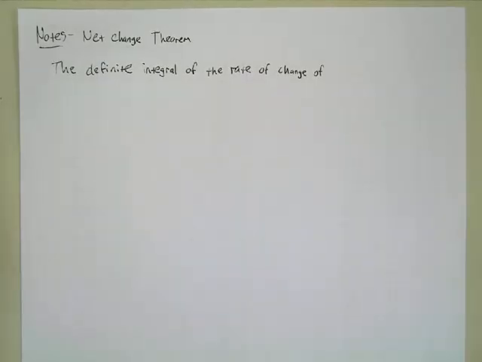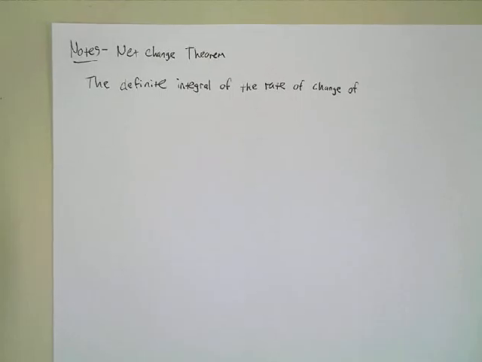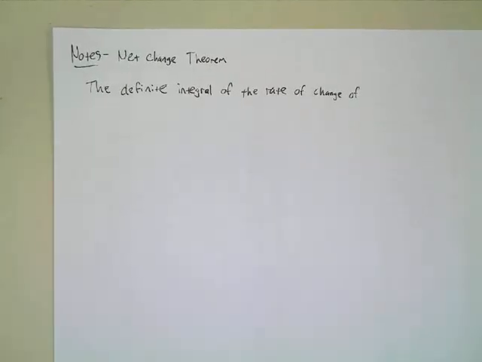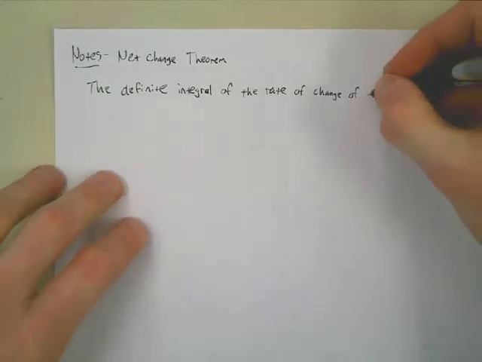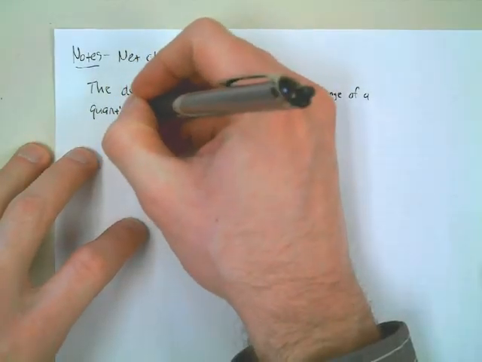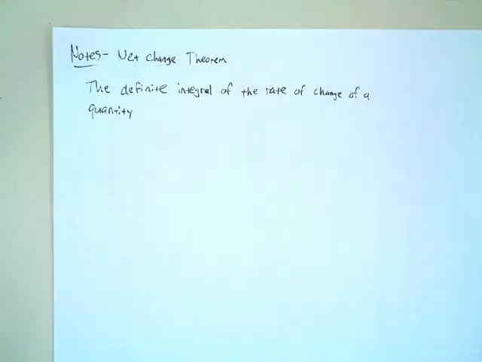All right. So anyway, back on track with calculus here, folks. Let's focus here, all right? So, the definite integral of the rate of change of a quantity. Generally, when you're finding net change, you are going to be doing a definite integral of a rate of change.